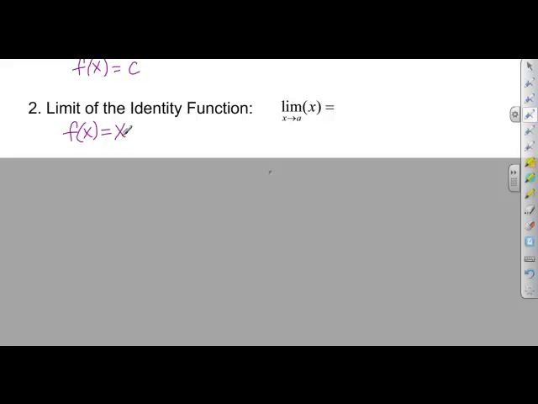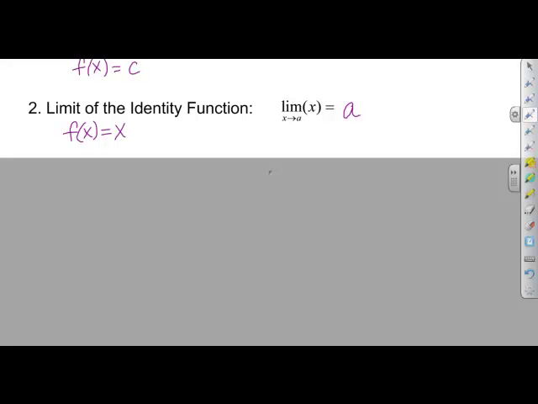And when you consider the limit as x approaches a of that function, what you've got to ask yourself is, what value is x getting closer to as x gets closer to a? And that's got to be a. So when you take a limit of the very basic identity function x, when x gets closer to a, your function value is getting closer to a.